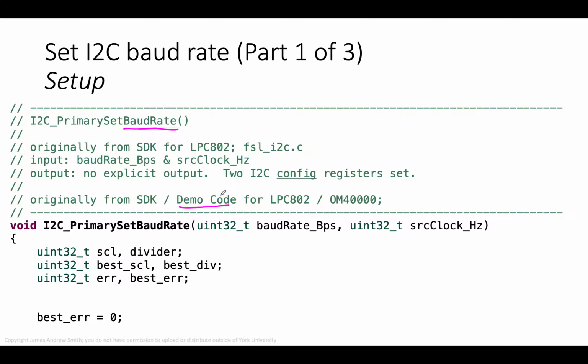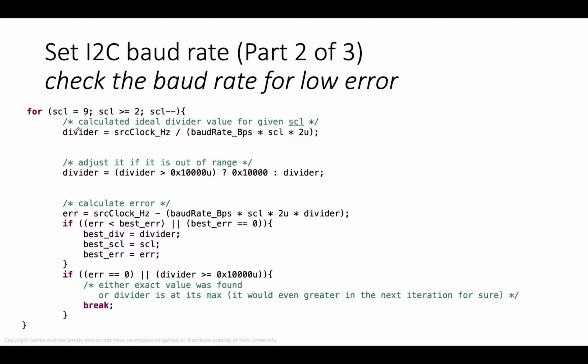It's a relatively complicated function, but basically it's looking at what the source clock is and the desired baud rate, and it's coming up with, and we've talked about these, prescalers. It's setting up a scaling value to get as close as you can to the desired baud rate as possible.